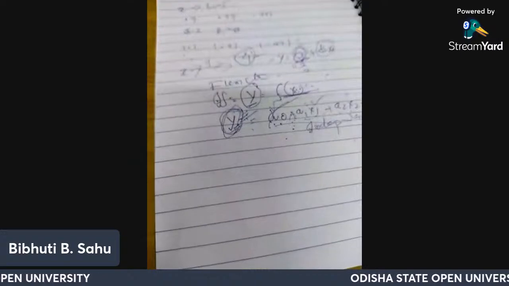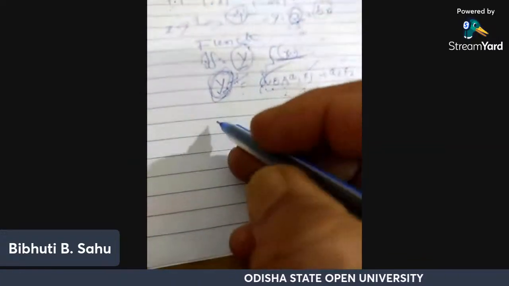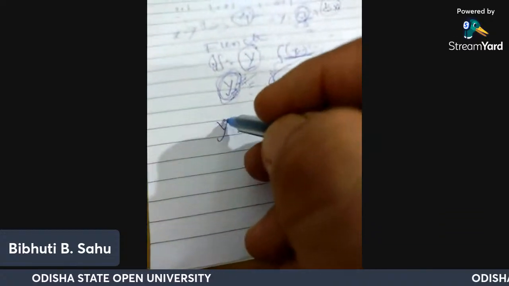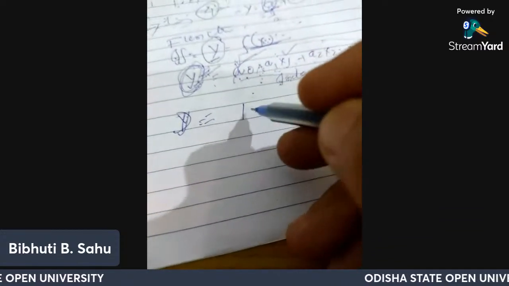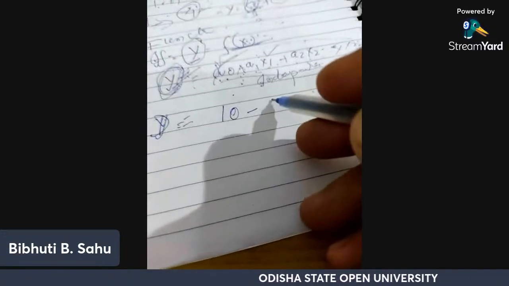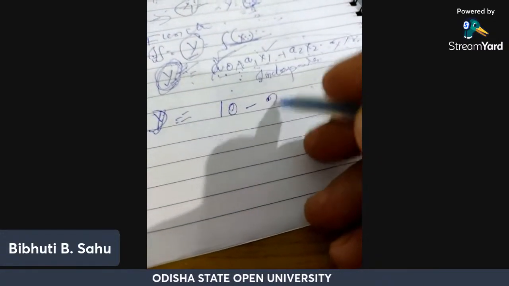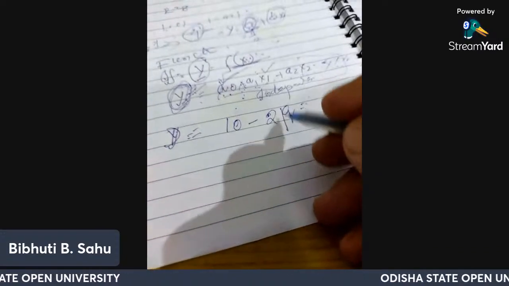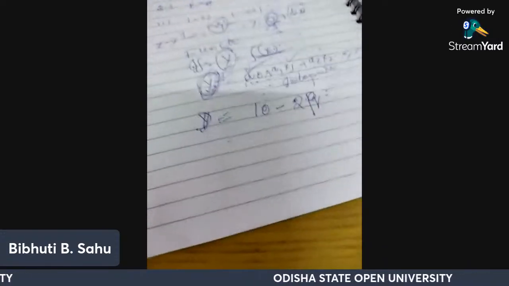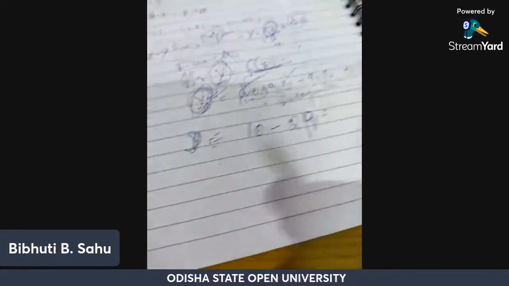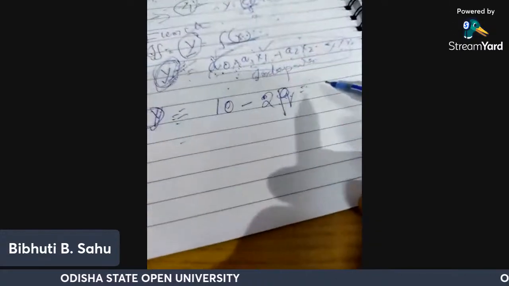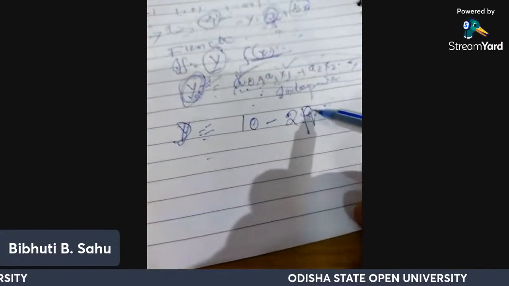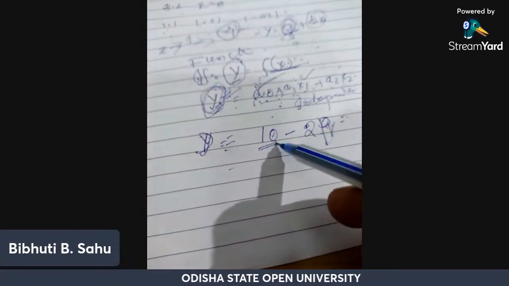Let me take the example. Here the demand for commodity is equal to 10 minus 2P. This is a demand equation. With the change in price, demand for commodity changes. So what is the intercept? Intercept means, for price value 0, this will be the quantity.